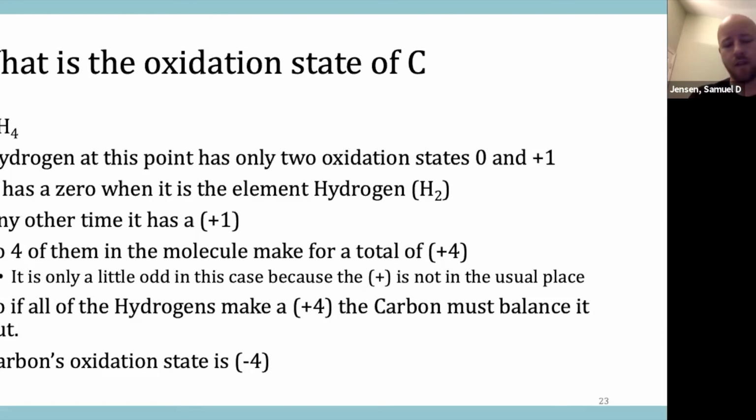The organic and covalent ones may not quite look exactly the same as the other ones. So we have to go by a set of rules here in order to find the different parts. Hydrogen is always going to be +1. That's one of our hard rules that we can use in order to find oxidation states for other things.